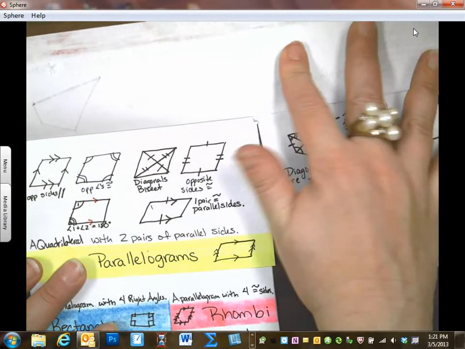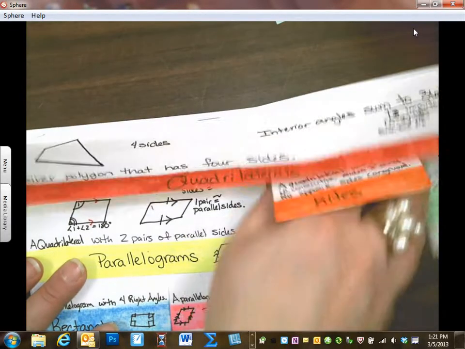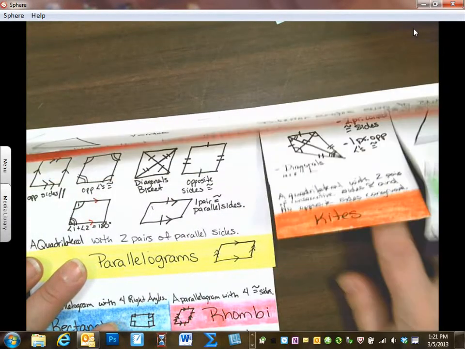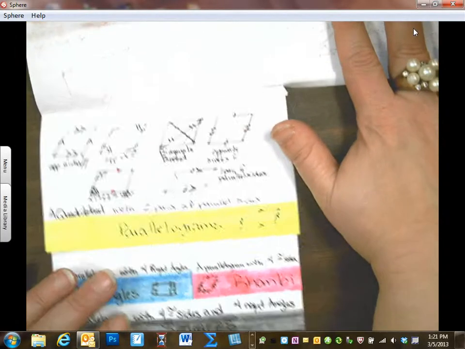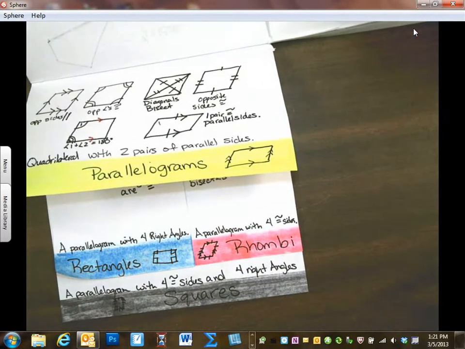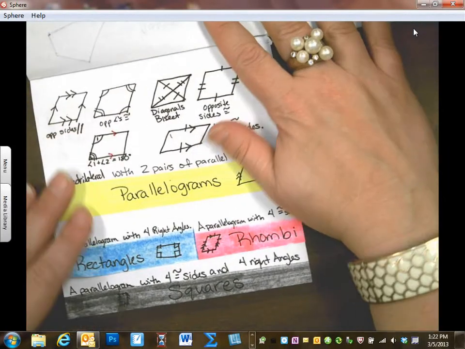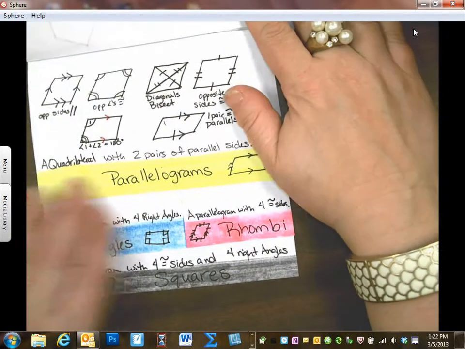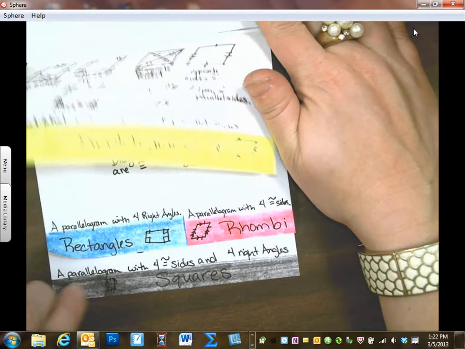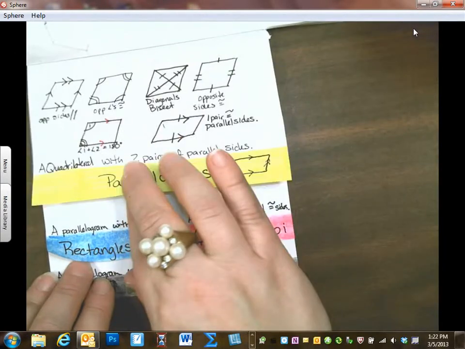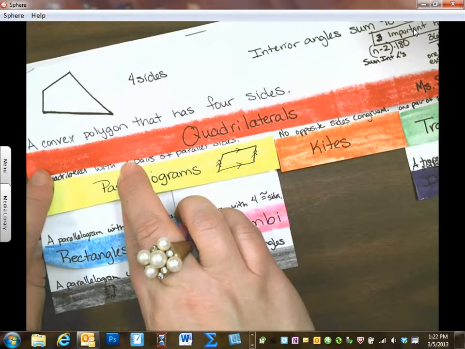Today we focused on, and I'm going to go ahead and flip these other two up because I don't want you even looking at them right now, parallelograms. Now we have three layers here. We have the parallelogram layer, which is just underneath the quadrilateral.